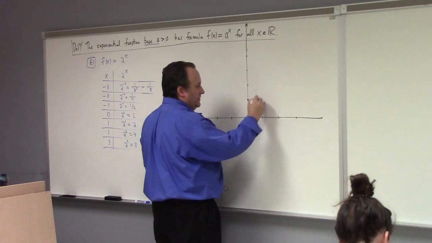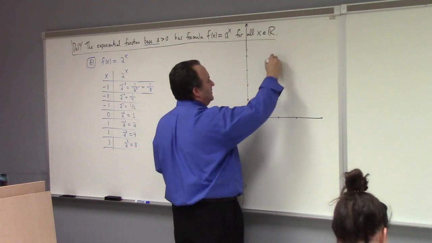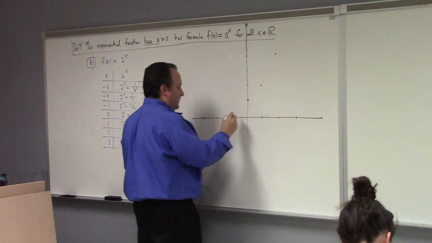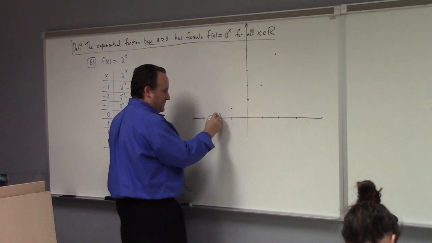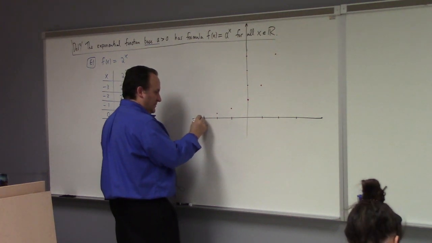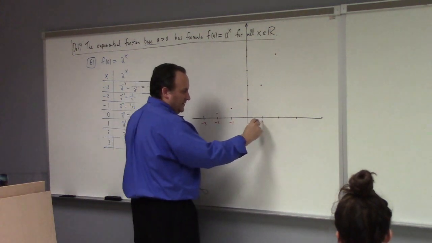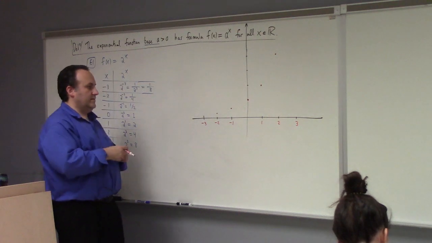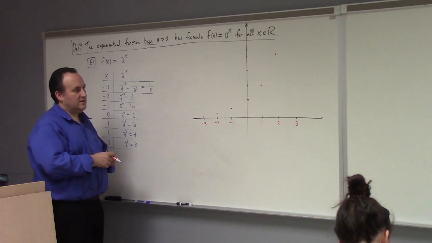Then when you get to 1, it's up here at 1, 2. When you get to 2, it's at 4, right? When you get to minus 1, you're at a half. When you get to minus 2, you're at a quarter. All right, so there's minus 3, minus 2, minus 1, 1, 2, 3. Where is 3, 8?